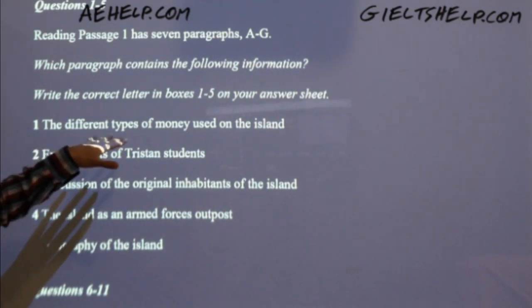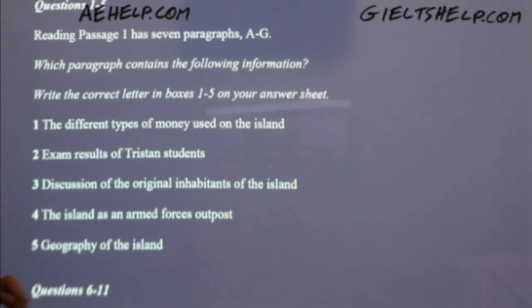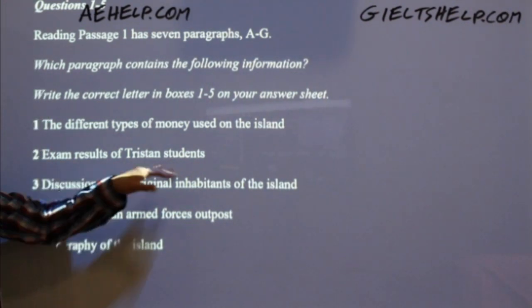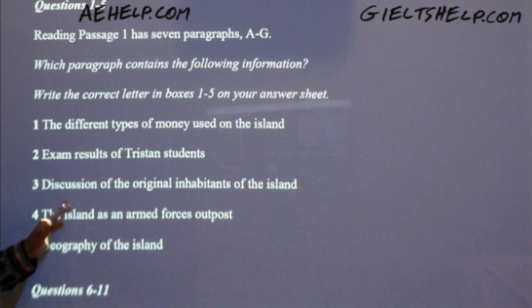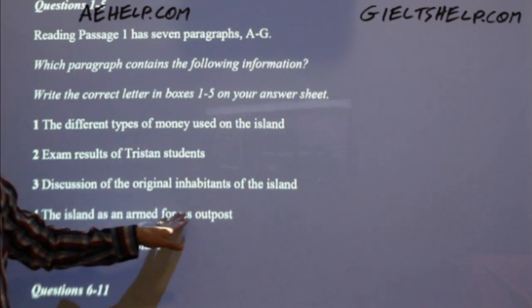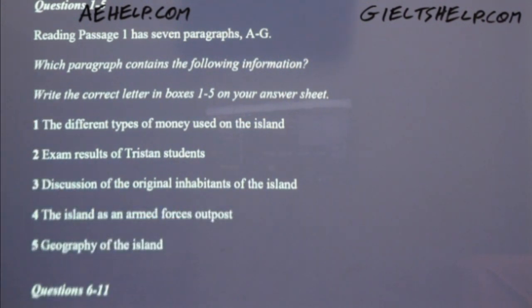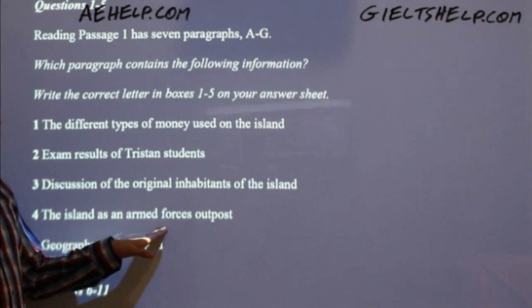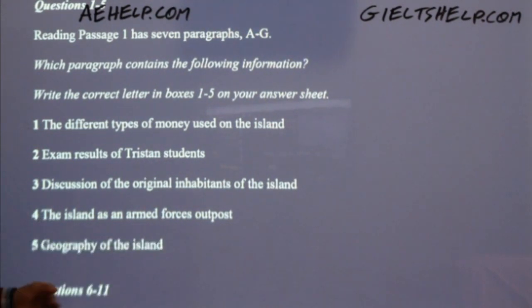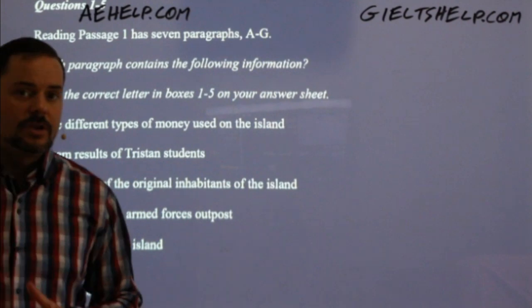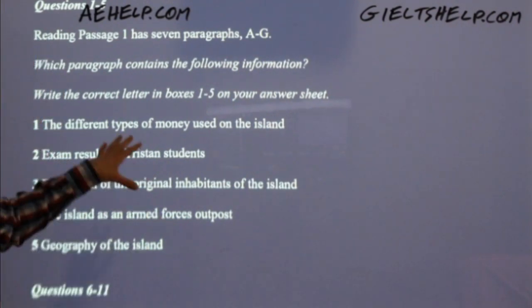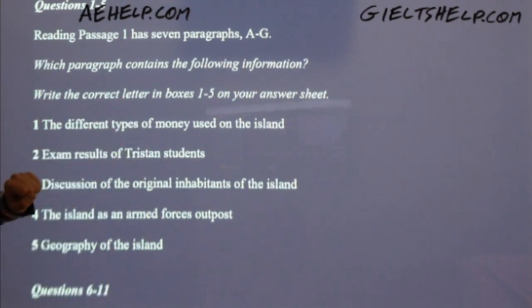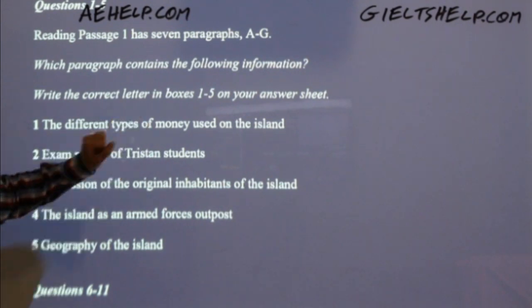The different types of money used on the island. Exam results of Tristan students. Discussion of the original inhabitants of the island. The island as an armed forces outpost. Geography of the island. Okay, so from these statements, we can see there are people on this island.